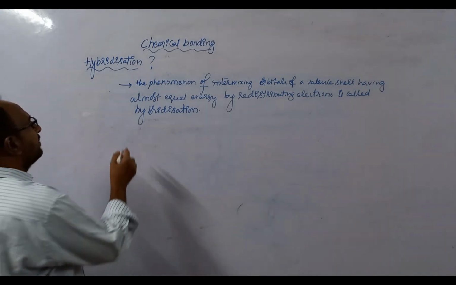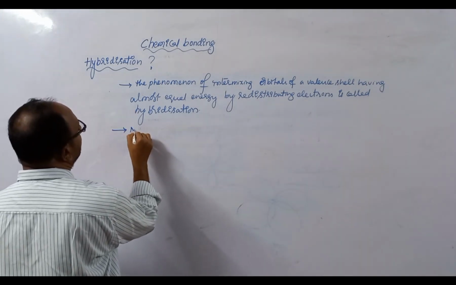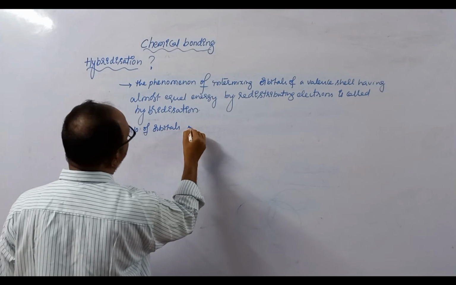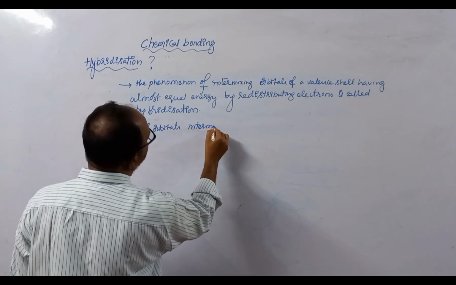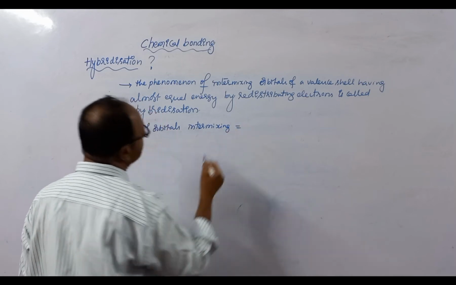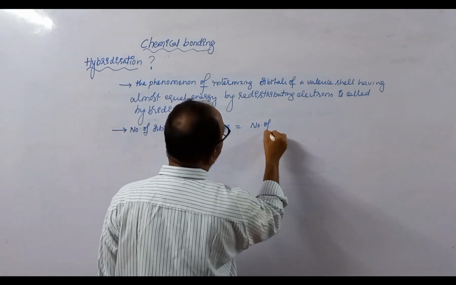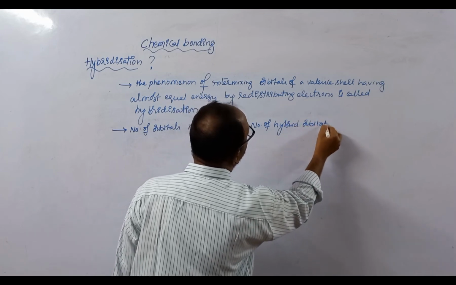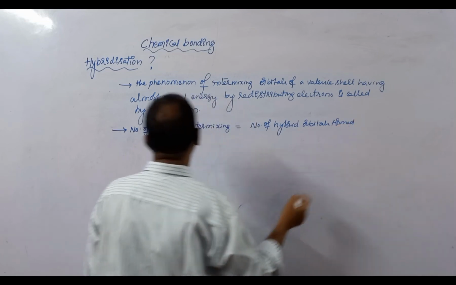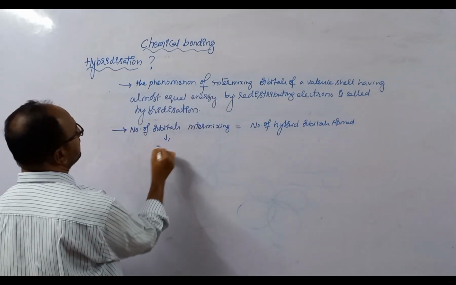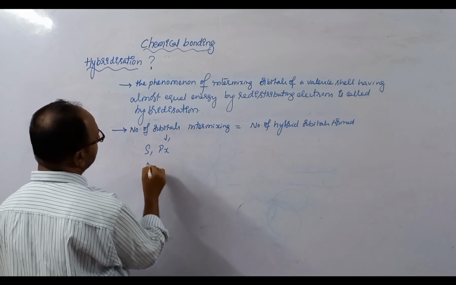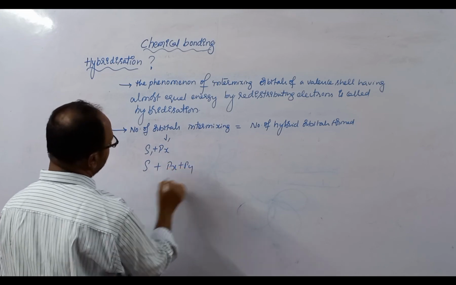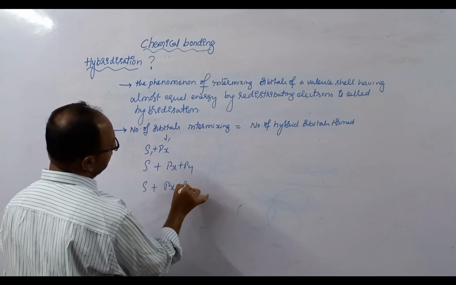In hybridization, the number of orbitals intermixing is equal to the number of hybrid orbitals formed. Intermixing orbitals, for example: s orbital and px orbital, s plus px plus py, s plus px plus py plus pz.